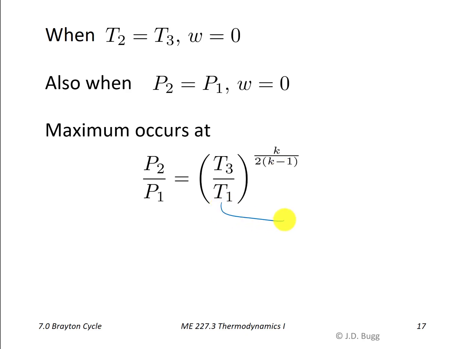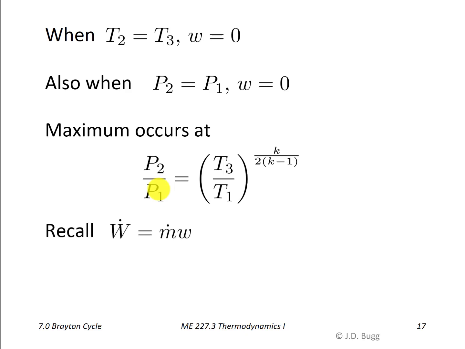T1 is atmospheric temperature, and T3 is the maximum allowable temperature based on the materials of the turbine blades. So those are both parameters of operating conditions, T1, and the materials you're using in the machine. So this tells us the maximum possible work output that we can get for those particular temperature limits, and it would occur at a compression ratio given by this equation.